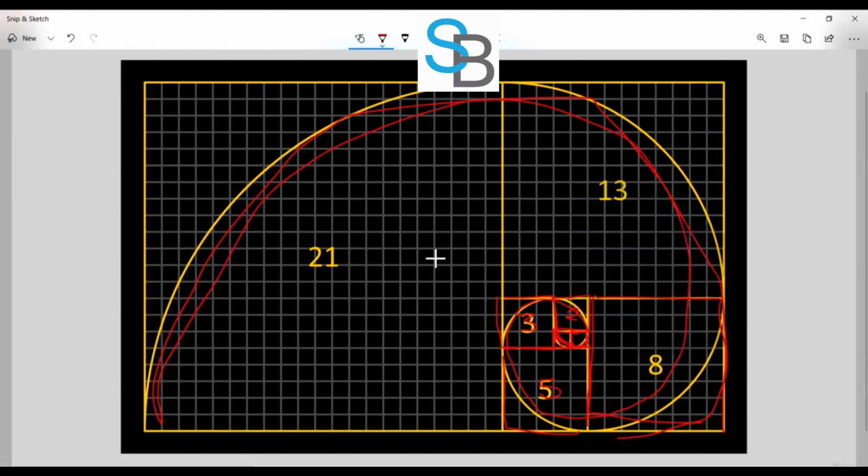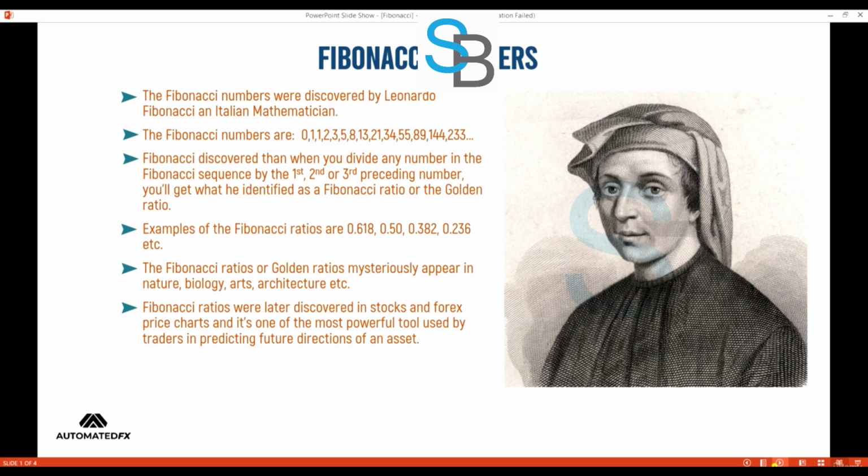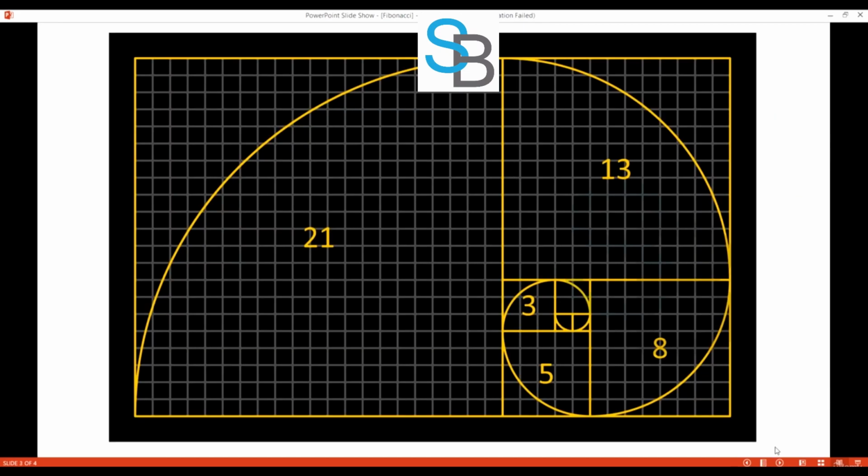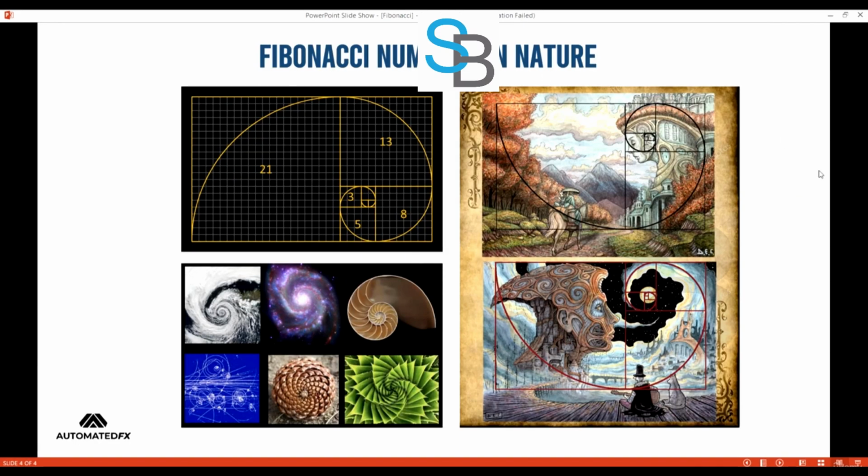Now, coming back to our slides, when you look at phenomena like nature and art, you tend to see that these natural forms follow the Fibonacci spiral chart.